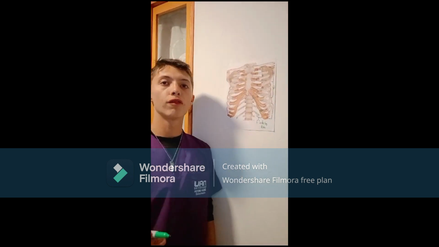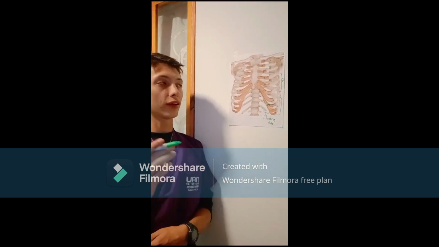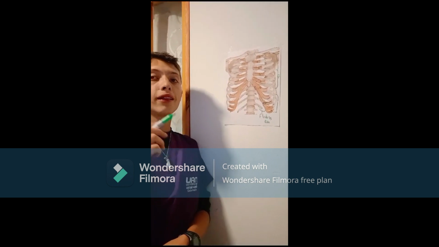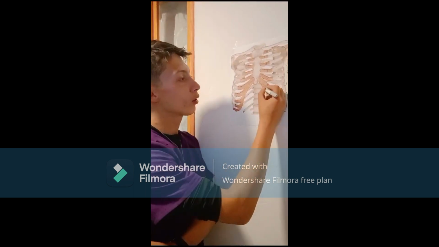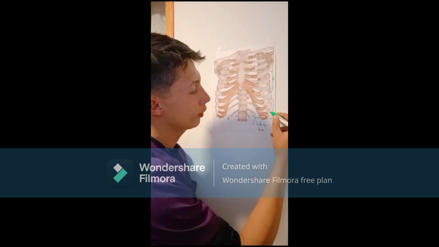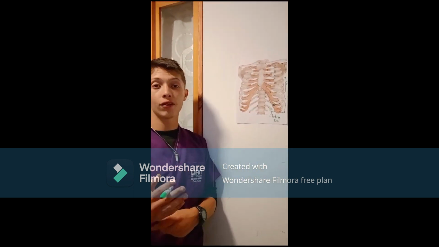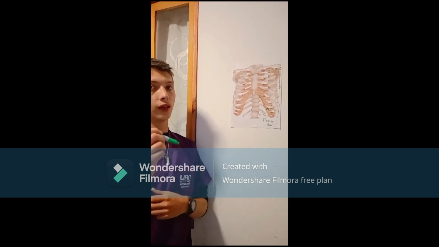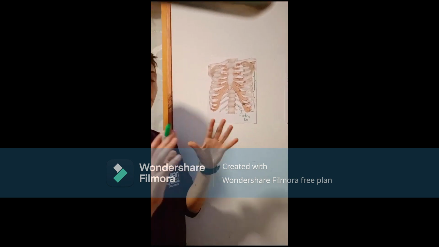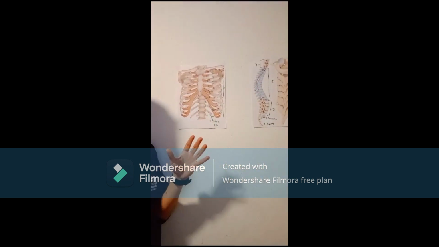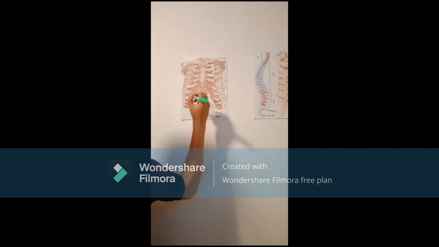In the case of the 3 false ribs, they are indirectly attached to the sternum because they share a single costal cartilage. In the case of the 2 floating ribs, they are attached only to the dorsal vertebra, and not to the sternum.